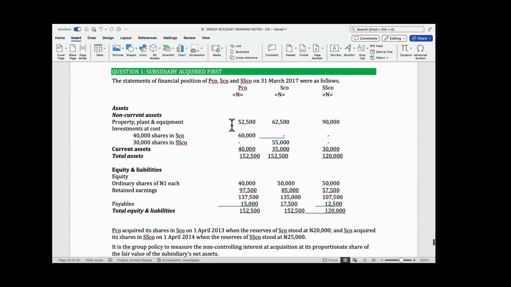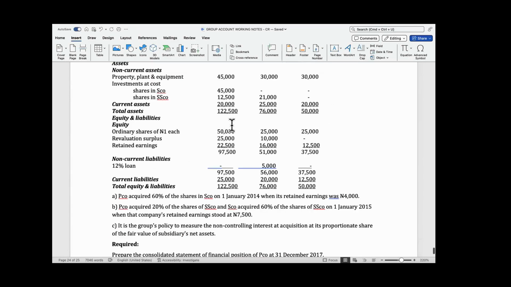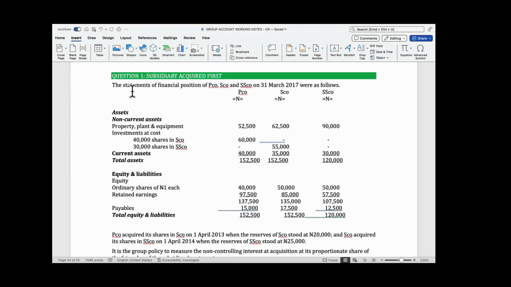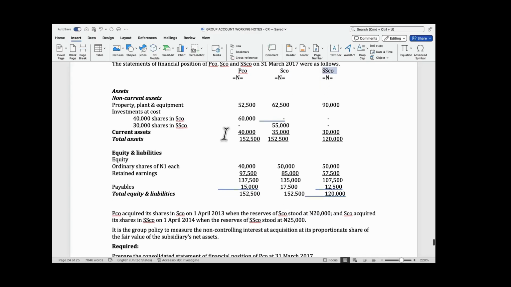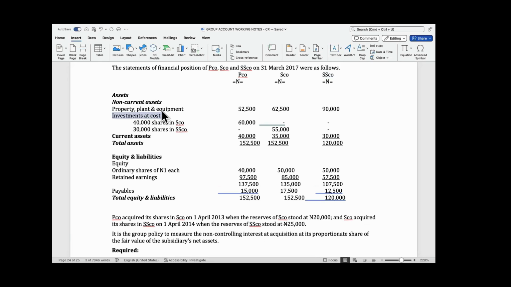Now, let's use this question to apply those explanations. Hopefully, we'll be able to solve these three questions today. The first question gives us the statement of financial position of PICO, ESCO, and SSCO on 31st March 2017. From this statement of financial position, what I usually look out for is the investments the parent has made and also all the other entities have made.